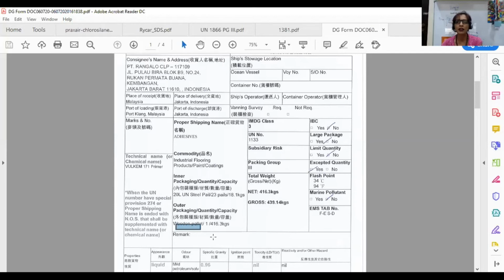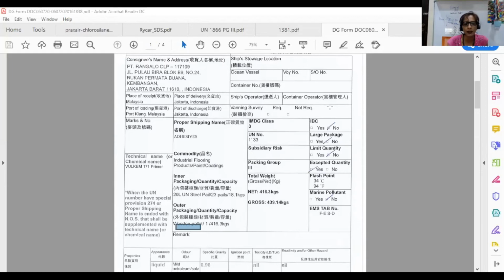So if anything happens to this cargo, the carrier is very well protected because the carrier has already shown all this information to you to show that it is following the CPC requirements.